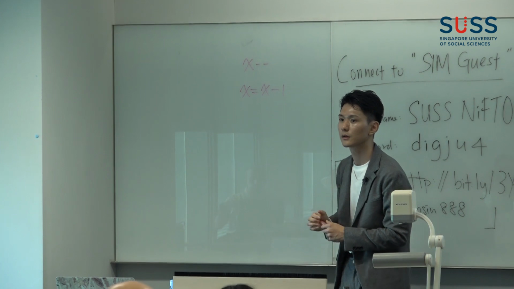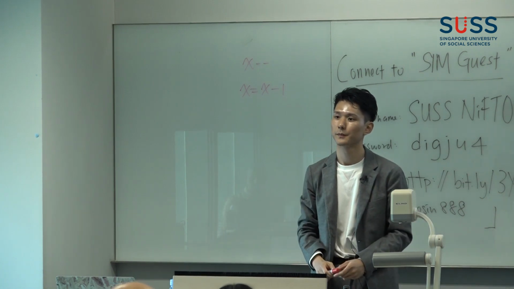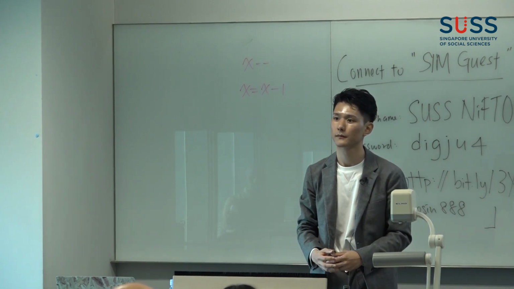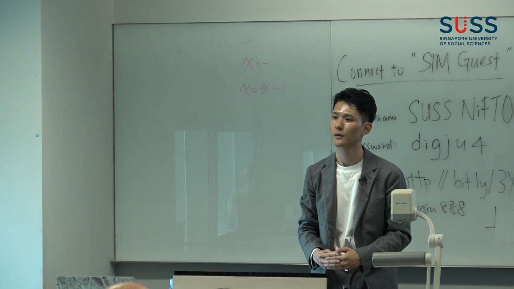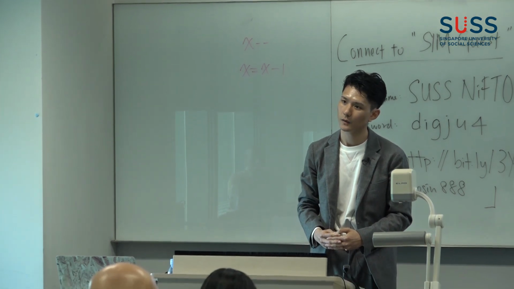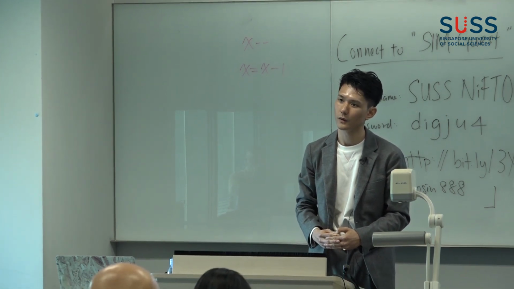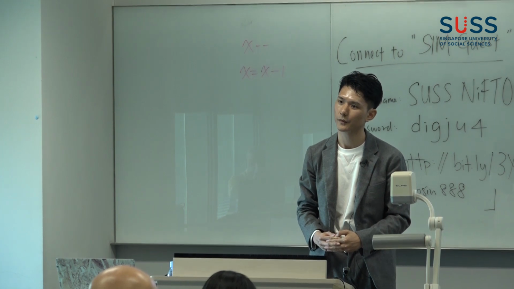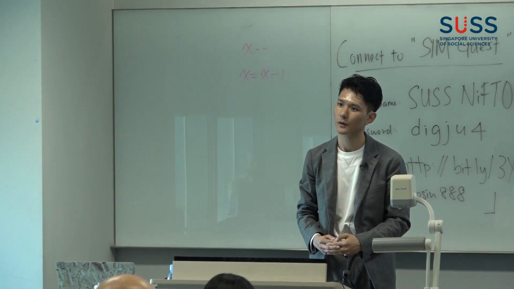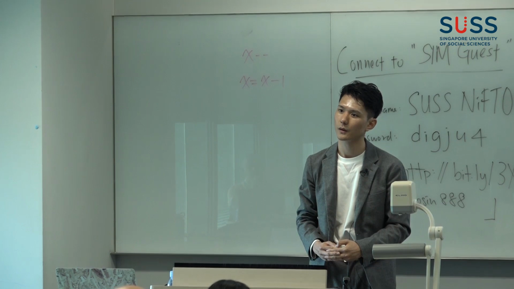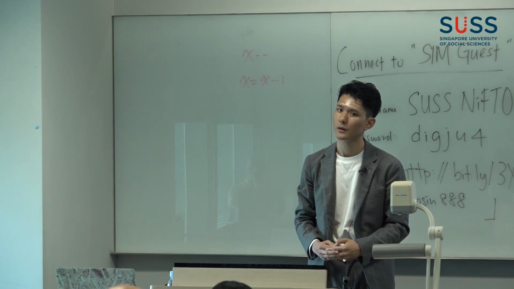Yes, but depending on the runtime situation, the x value might vary, right? So let's say this time it's 0, but next time it will be 1. Let's say it's 1, then we decrease it and it becomes 0. Then we try to decrease it again. It's still an underflow, right?